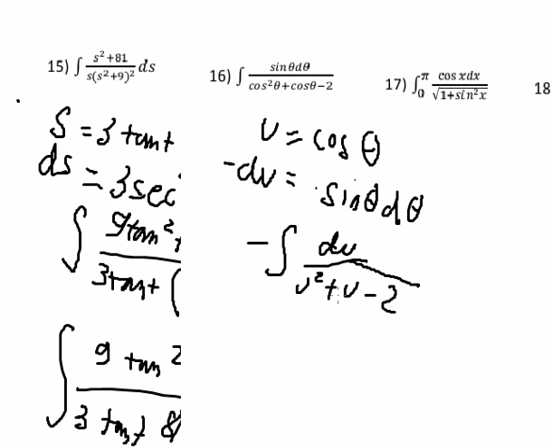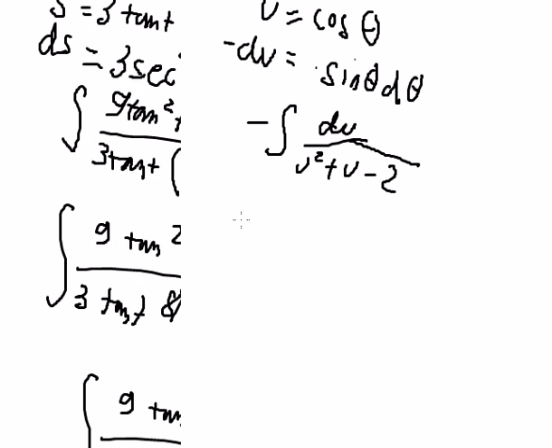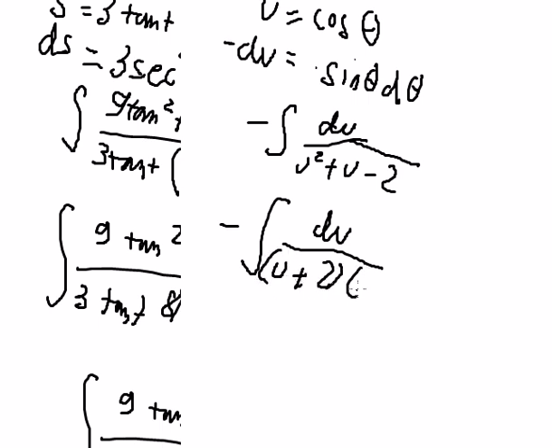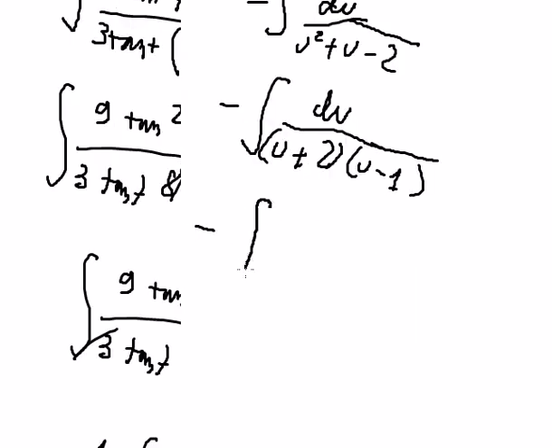About this one, we can do about factorization. So we put about u plus 2 minus u minus 1.